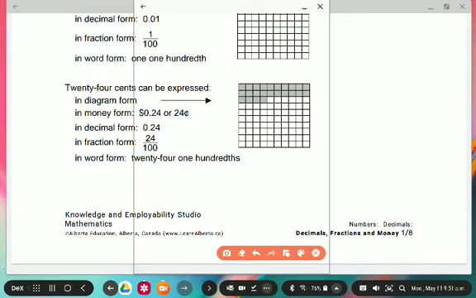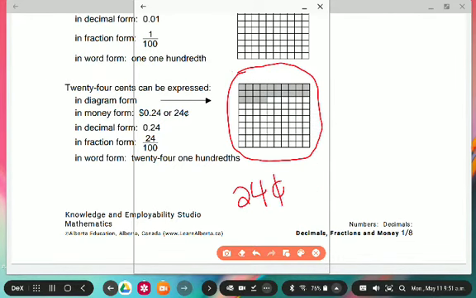So in money form, if we've got 24 of these blocks shaded in, that means we've got 24 out of 100 of the blocks shaded in, which is 24 cents. So 24 cents in decimal form is 0.24.